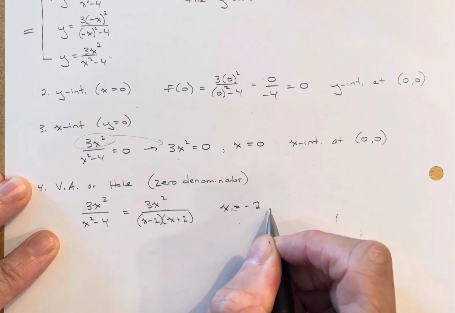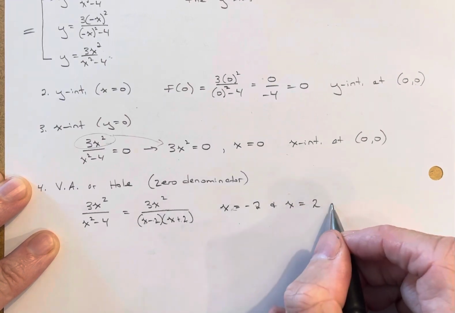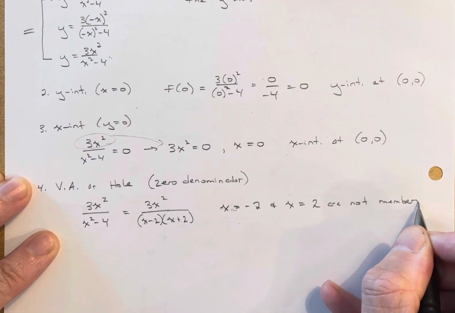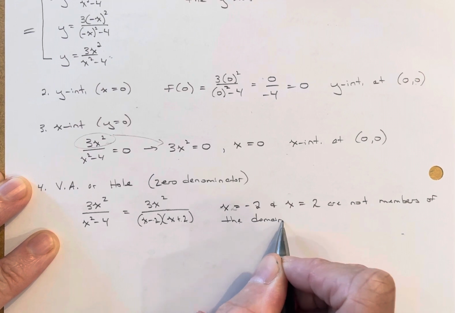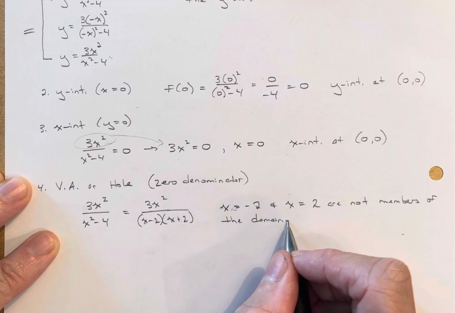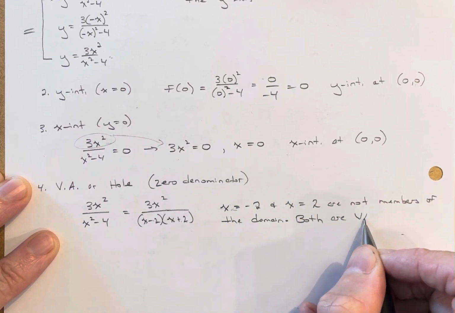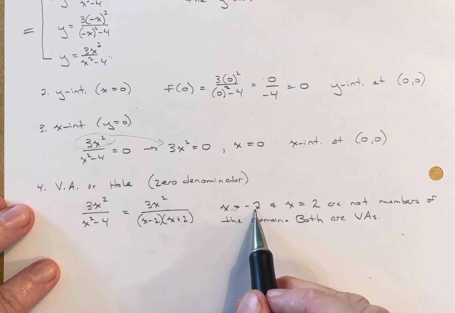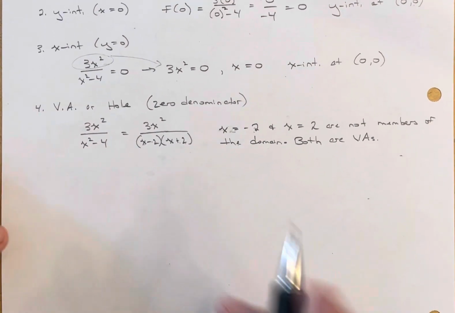X equals -2 and x equals +2 are not members of the domain. Okay, and as we see, because there's nothing to cancel them out in the numerator, both are vertical asymptotes. I've abbreviated that VA. X equals -2 and x equals +2. Okay, moving into horizontal asymptotes.